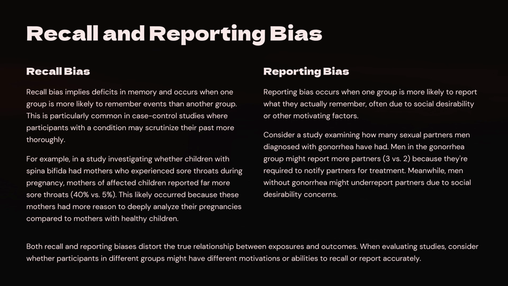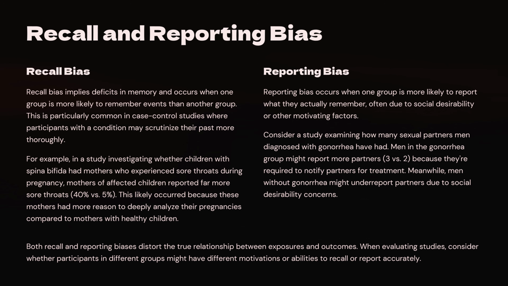Reporting bias means when one group is more likely to report something versus another group, or one group is more likely to report what they actually remember due to certain environmental factors like social desirability or other motivating factors, maybe embarrassment, something like that. So here's an example. Consider a study examining how many sexual partners men diagnosed with gonorrhea have had.